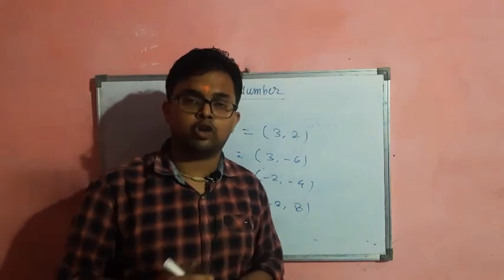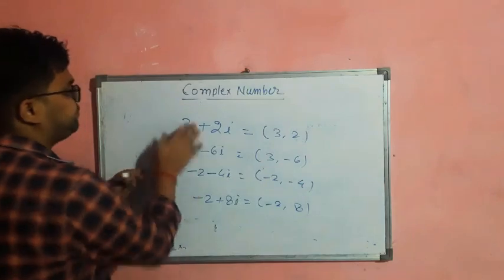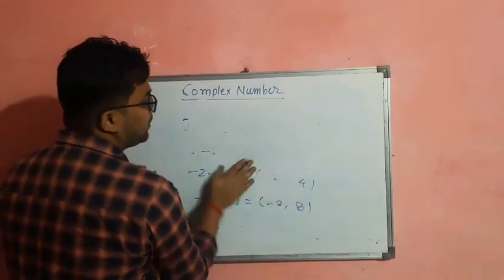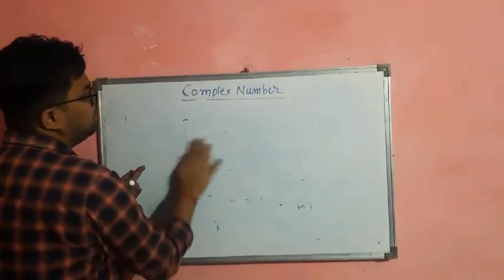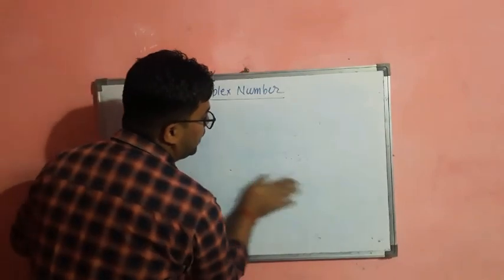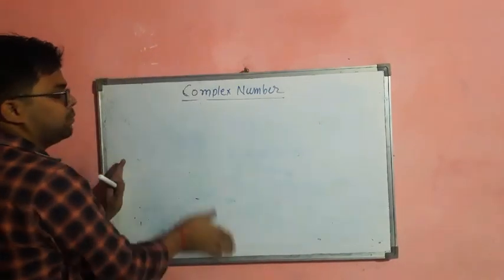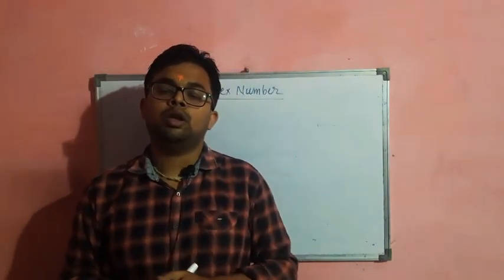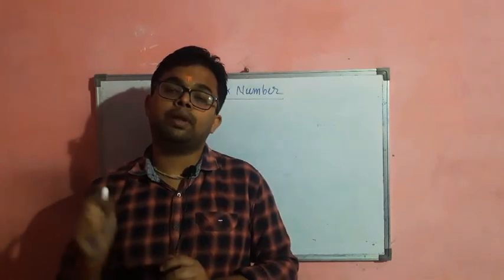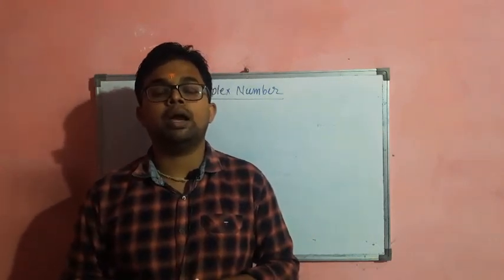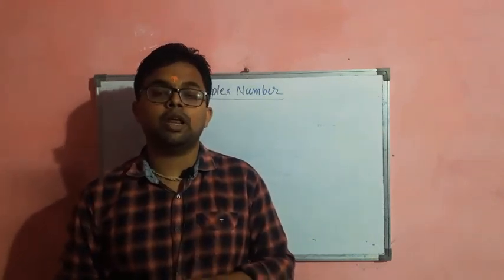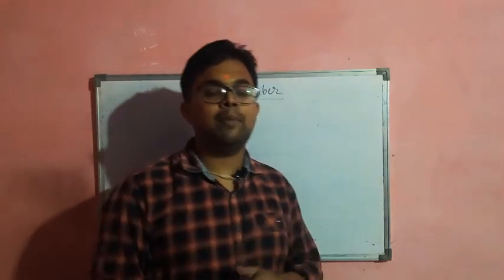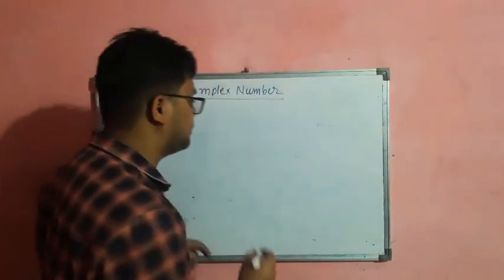Now, students, I will represent this complex number in the complex plane. Actually, a complex plane is a plane in which there are two axes. One axis will represent the real part of the complex number and the other axis will represent the imaginary part. So here I am drawing the complex plane.